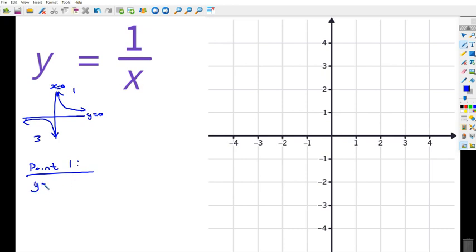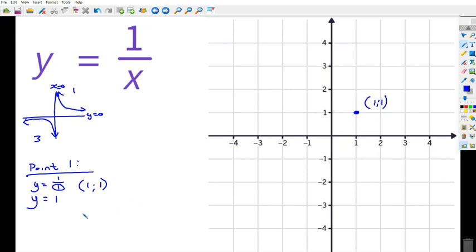So I've got y is equal to 1 over 1, which is just 1. Y equals 1. Alright, so what is the point over here? Give me my coordinate that I'm going to plot. What is my x? I chose x, which is 1. And what did I get when I chose 1 for x? I got 1 for y. Right, so that's my point. So let's go plot that. It's right over there. Right, so I must make sure that my graph goes through that point. Okay, 1 and 1.